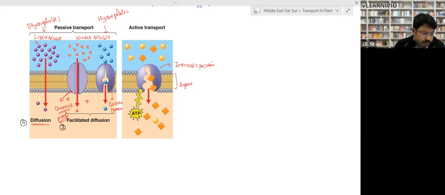Full stop. For this, the membrane possesses a particular type of protein, called channel. Full stop.